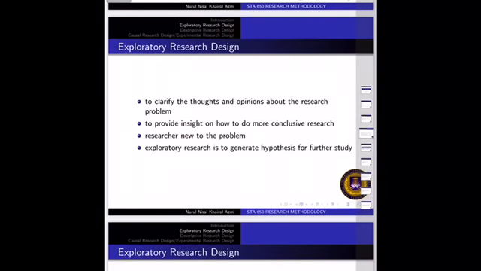Based on it, we can do more conclusive research. The researcher is new to the problem, so this is very fundamental. Exploratory research is to generate hypotheses for further study. It's just an insight.